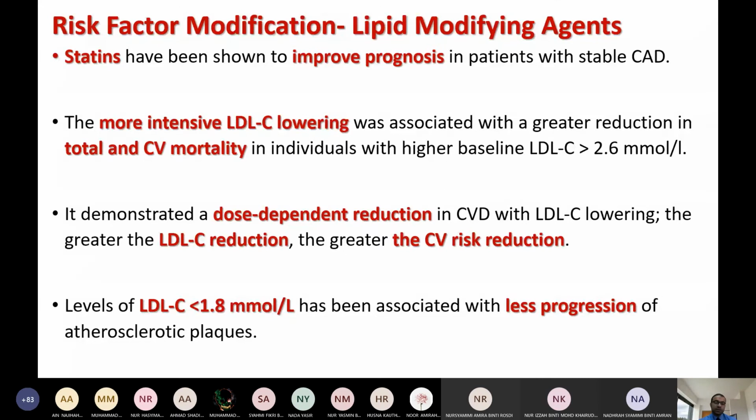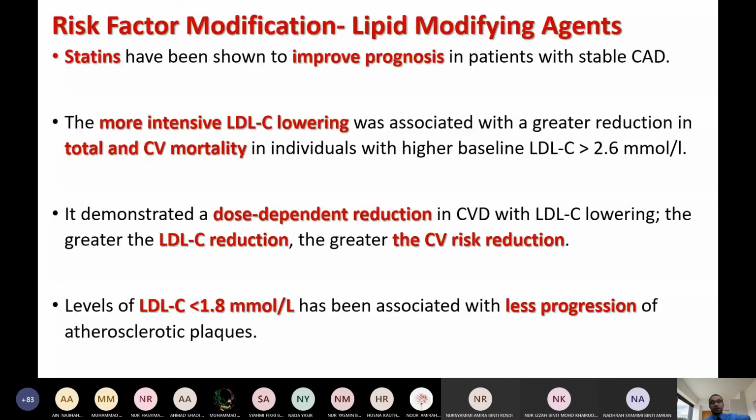This was observed very obviously in patients with LDL cholesterol level less than 1.8, and this differentiates the target for LDL-C in patients with cardiovascular disease and in patients without cardiovascular disease.